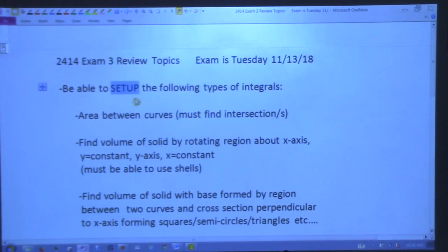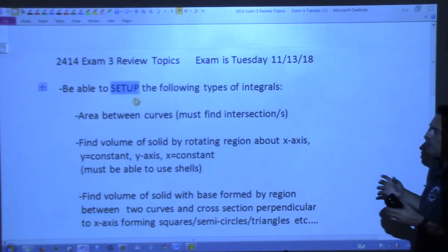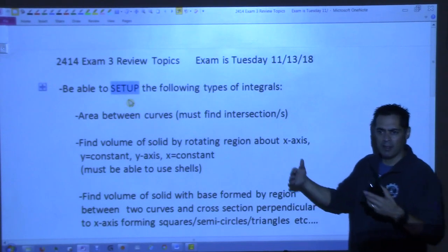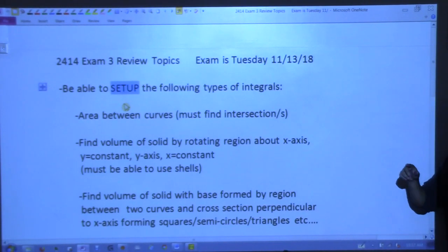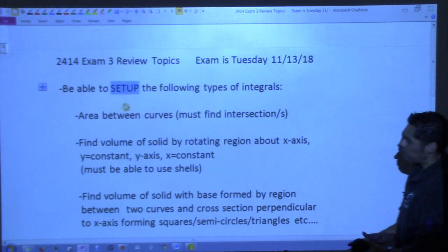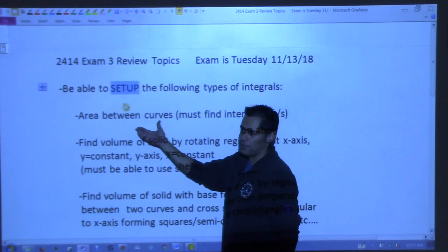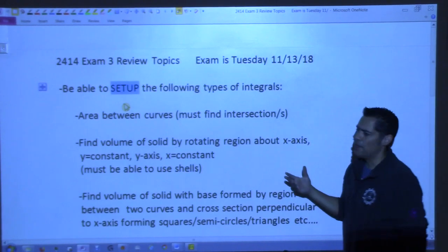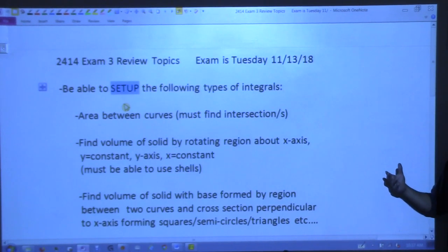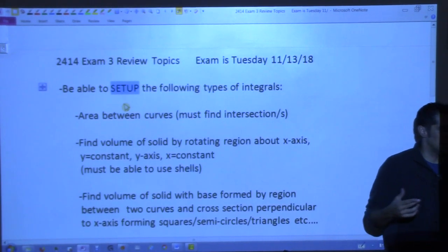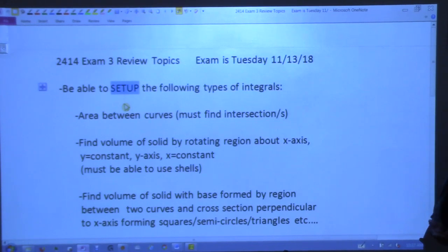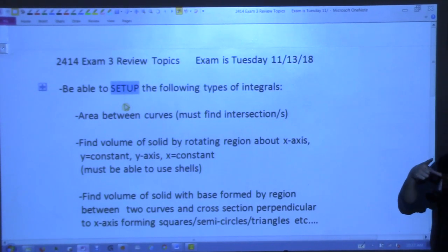What I want you investing your time in is giving me good drawings that show detail as far as where things are, where they intercept. So, be able to set up the following integrals. Area between curves. So I give you 2 curves. You have to find the area between them. And that means you're going to have to find intersections. On the take-home also, I took off points if you found the points of intersection without showing me how you got them.